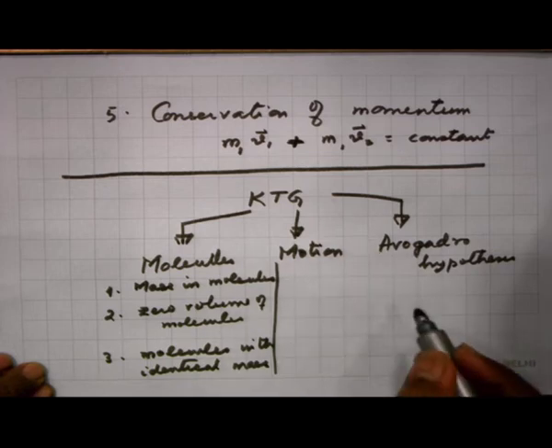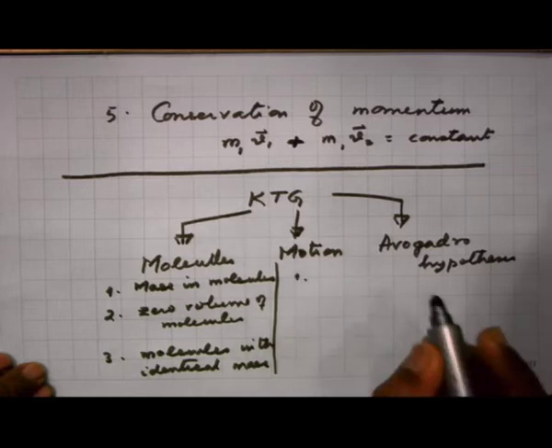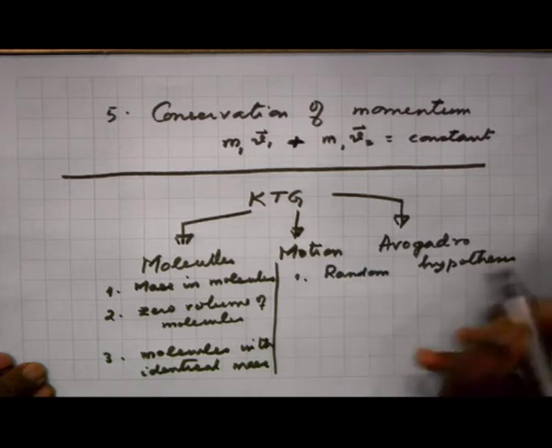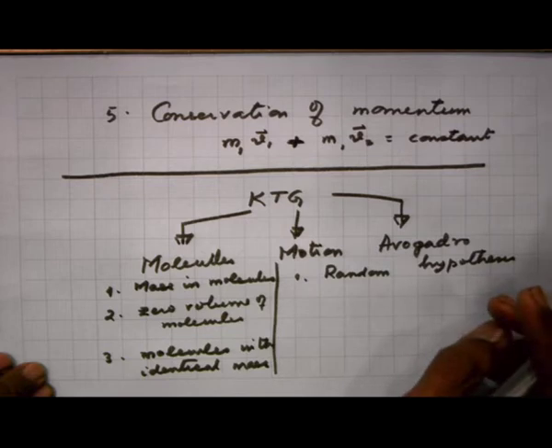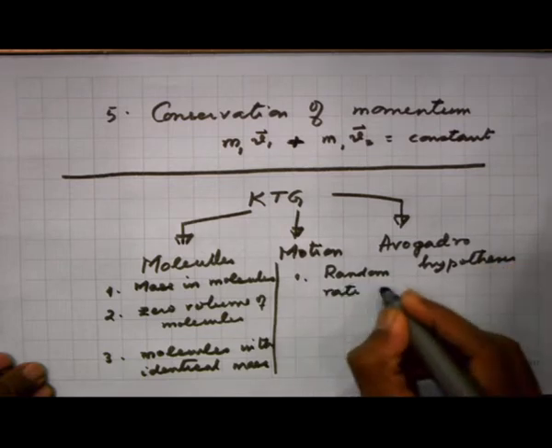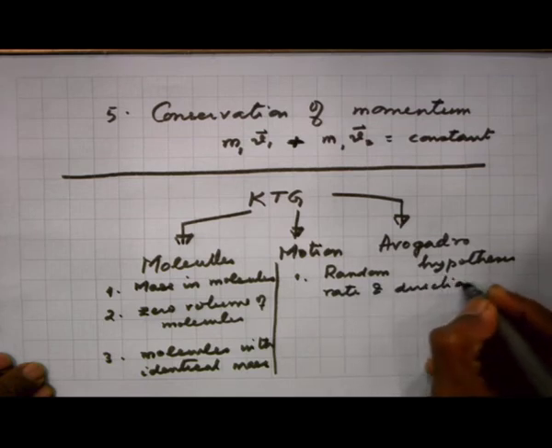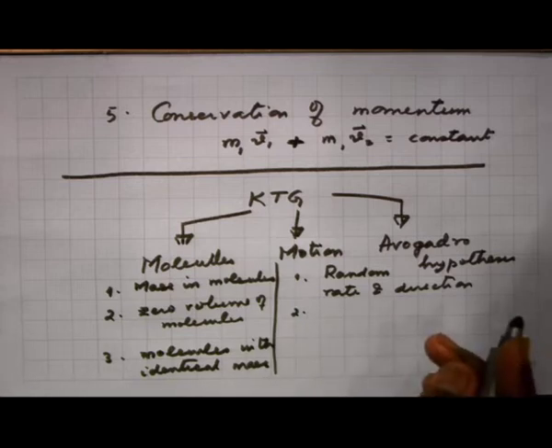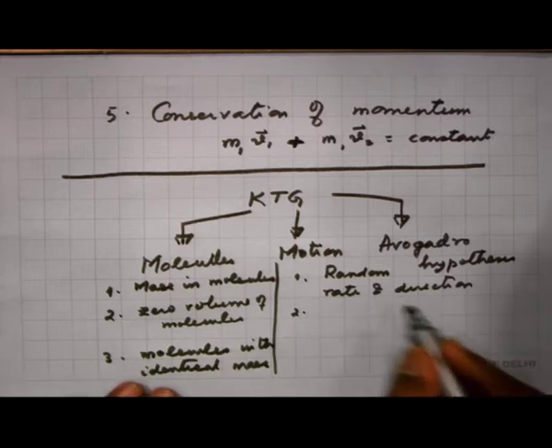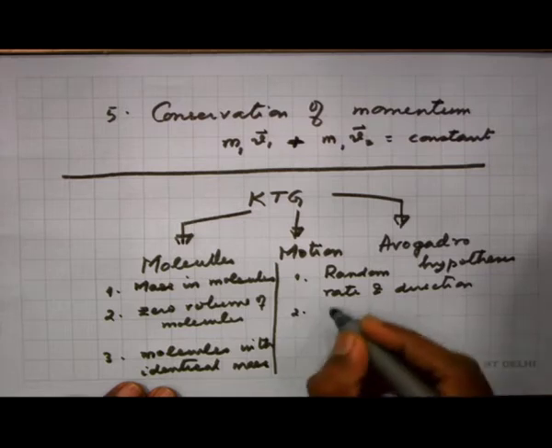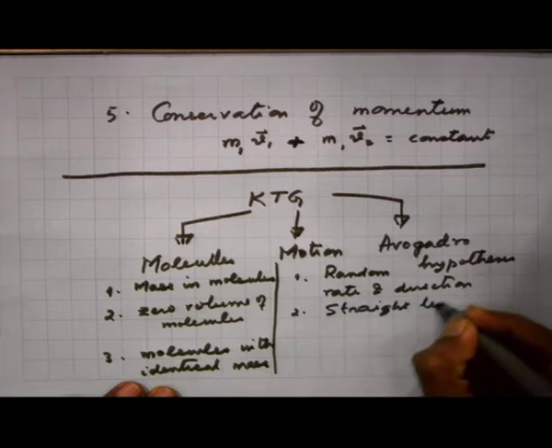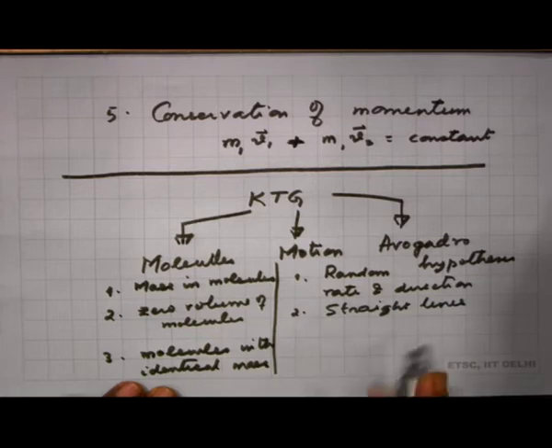So, if you write it this way and break it up, then it's easy enough for you to remember these things. And with regard to motion of the molecules, the first thing that we say is that they move in straight lines. That is, if you have a sample, different molecules have different velocities, ceaseless random motion, both in rate and direction.